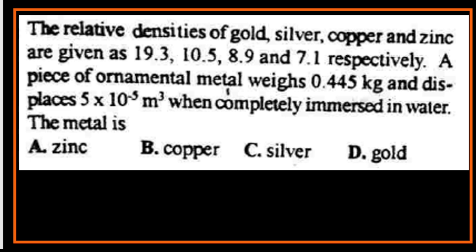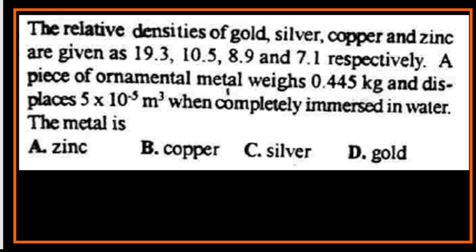So, according to the question, they supplied the relative densities of gold, silver, copper, and zinc as 19.3, 10.5, 8.9, and 7.1, respectively. A piece of ornamental metal weighs 0.5455 kilogram and displaces 5 times 10 to the power minus 5 meter cube when completely immersed in water.